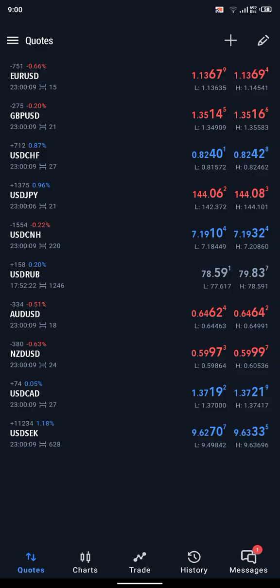So right here I have my MT5 open, and MT5 is a platform where you're going to be actually placing your trades. Now, this is not where you open your trading account. Your trading account is to be opened with a broker.